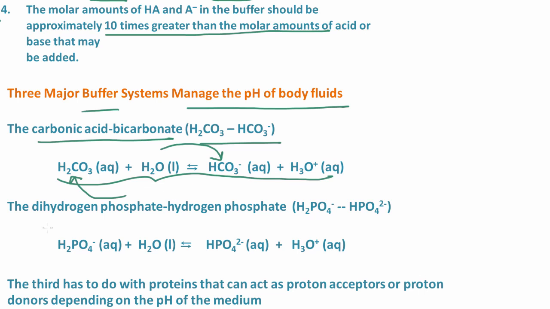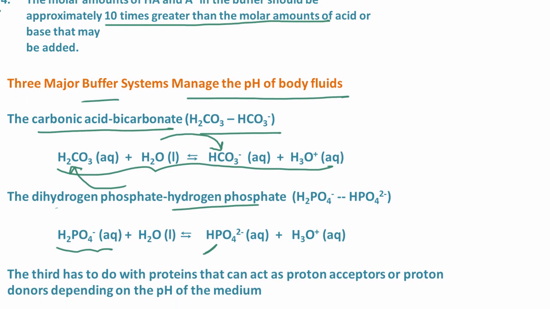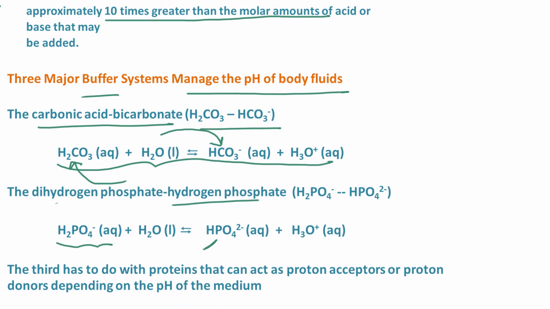The second buffer system for body fluids is a dihydrogen phosphate hydrogen phosphate buffer. So we have our dihydrogen phosphate. Again, that would neutralize any added base, and the hydrogen phosphate would neutralize any added acid. The third buffer system we won't talk about here, but it has to do with the properties of proteins.